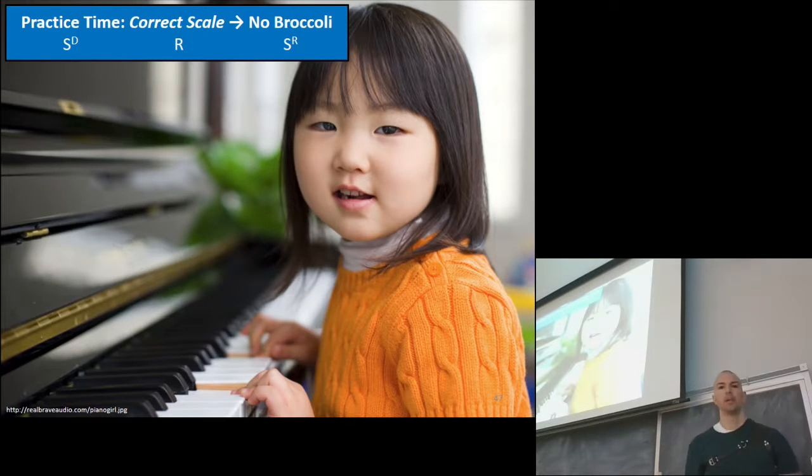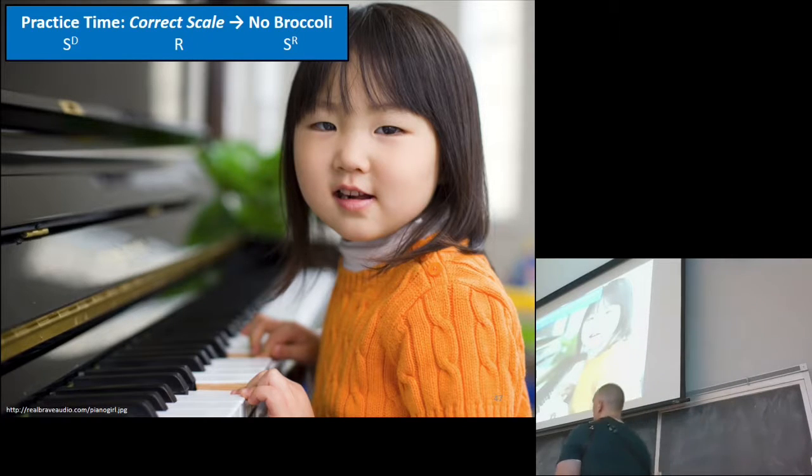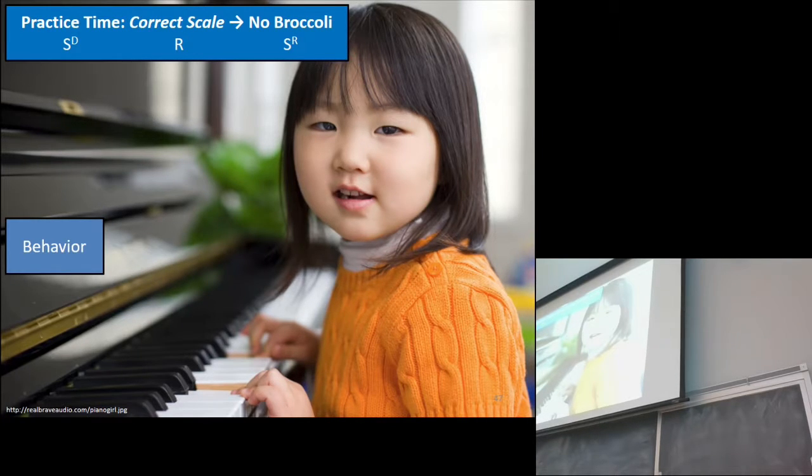Correct scale is played. Consequence is no broccoli. Reinforcer, because the probability of that correct scale is going to go up in the future. In this case, we have a behavior. While this behavior is being done, she is living in a "you have to eat your broccoli" environment. She is living in a world where she is going to have to eat her broccoli. When she's done this behavior, that requirement to eat broccoli gets taken away.